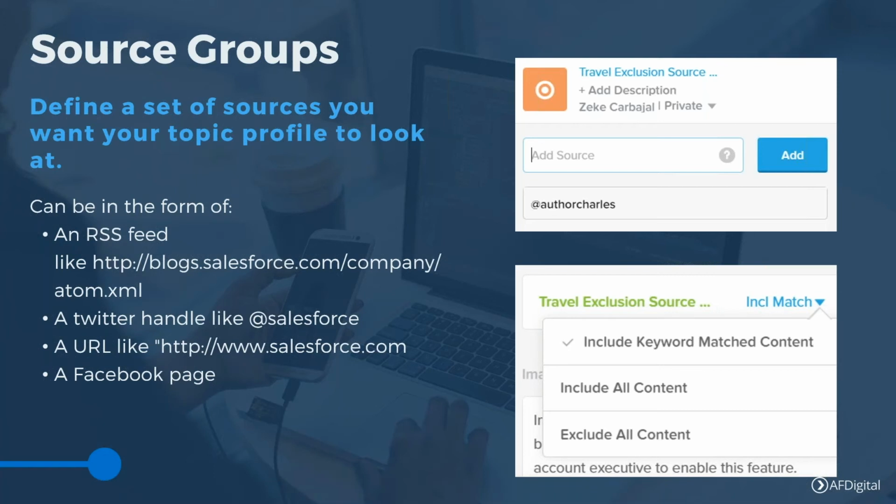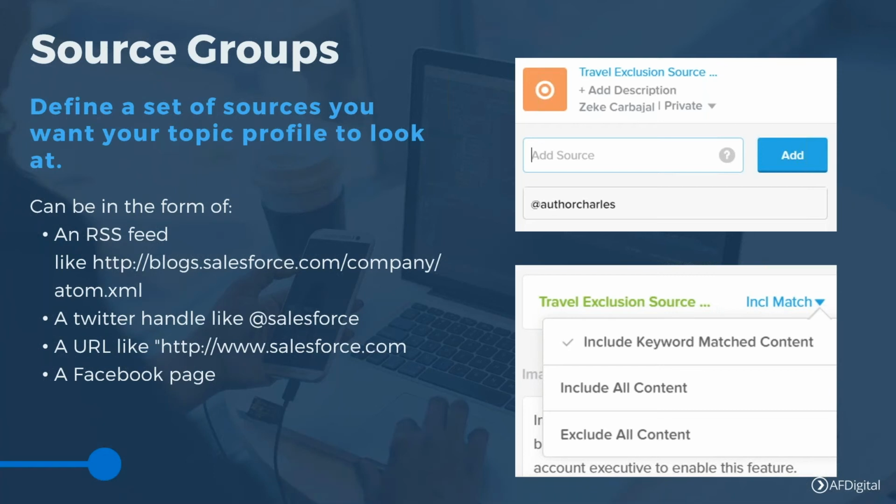And you might be wondering, what's the use case of listening to specific sources when what you want is actually scrolling everything in social media? So the use case of source groups when it comes to creating topic profiles is that when you're creating a topic profile, say for brand listening, you want to listen to anything about your brand relevant to what your customers are saying.